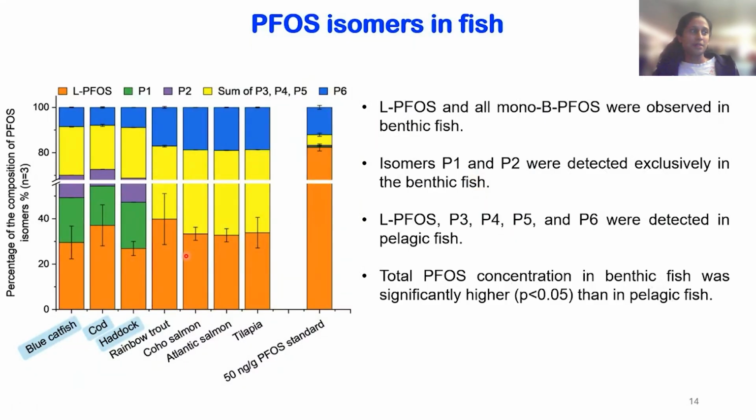The benthic are the ones that are highlighted here, and these are the pelagic. And for reference, I have a PFOS standard, so you can clearly see the isomer profile is totally different, and isomer profiles are also totally different from benthic to pelagic. But overall, if we consider all the PFOS concentrations, isomers plus linear, everything, benthic had higher PFOS, again confirming what literature has found.